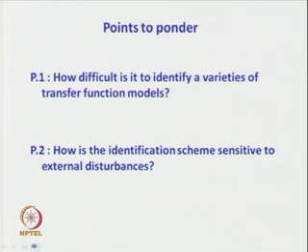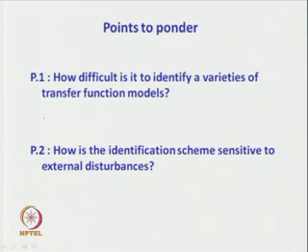Some points to ponder: how difficult is it to identify a variety of transfer function models? Describing function based methods enable one to estimate two unknown parameters of a transfer function model.